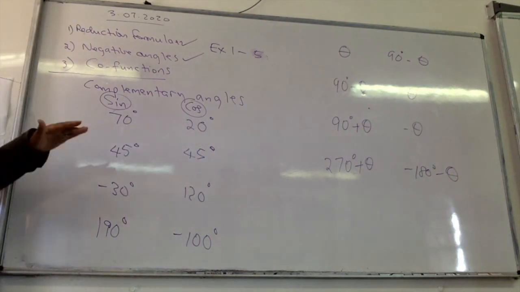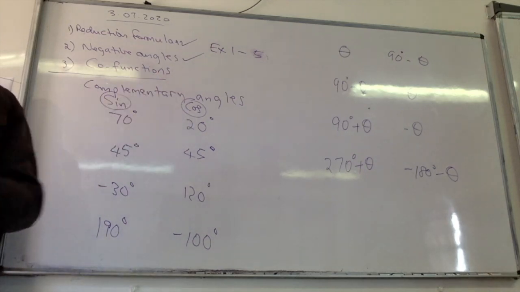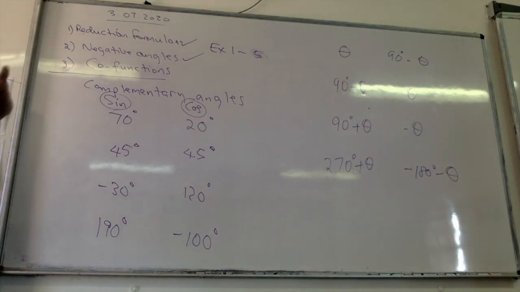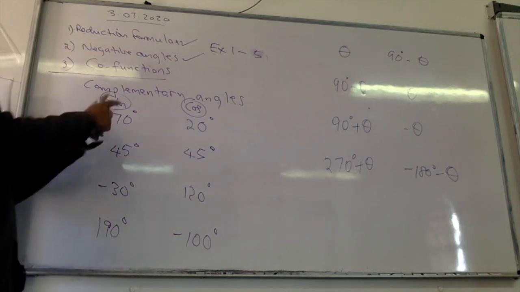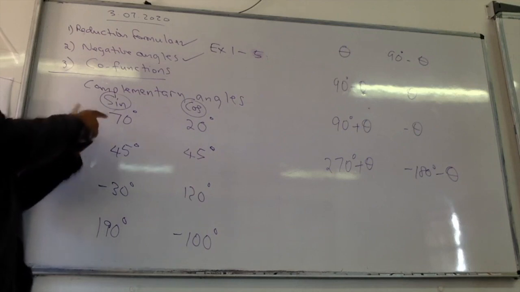Do that for maybe up to here, and then let's see if we can reach a conclusion. So sine 70 and cosine of 20, how do they compare? They're equal. Do you see that? Oh, wait, swap that around. We said sine 70 and cosine 20. Now say cosine of 70 and then say sine of 20.